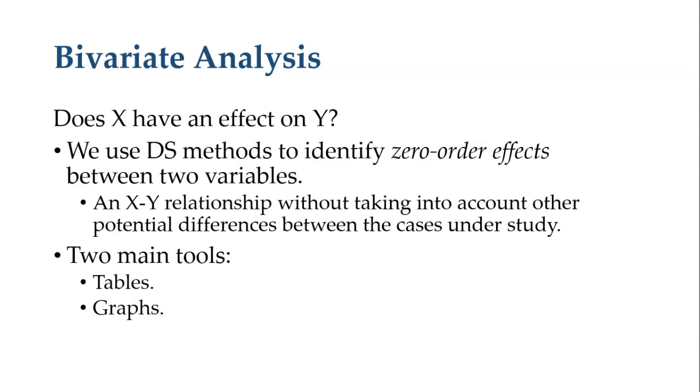So whatever kind of relationship we want to explore in a bivariate analysis, the key thing is that we want to identify what we call zero order effects, or relationships between two variables in which we don't pay attention to the role of confounders or external or control variables or other variables in this relationship.